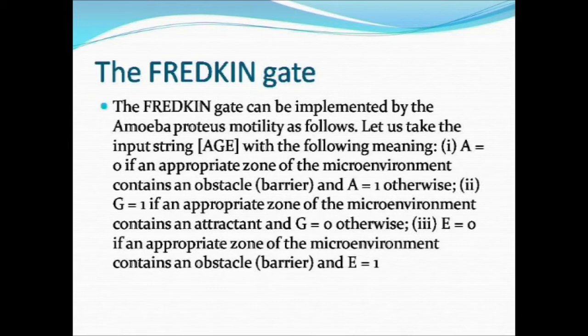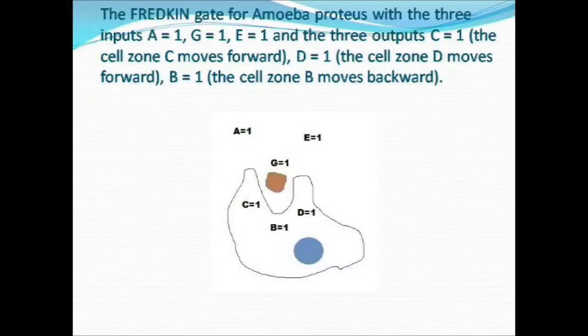Third, E = 0 if an appropriate zone of the microenvironment contains an obstacle barrier, and E = 1 otherwise. The Fredkin gate for Amoeba proteus with the three inputs A = 1, G = 1, E = 1, and the three outputs C = 1, the cell zone C moves forward, D = 1, the cell zone D moves forward, B = 1, the cell zone B moves backward.